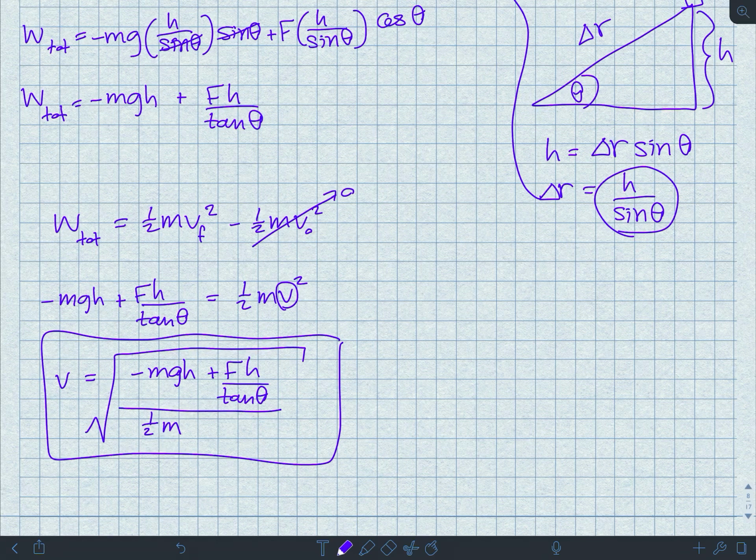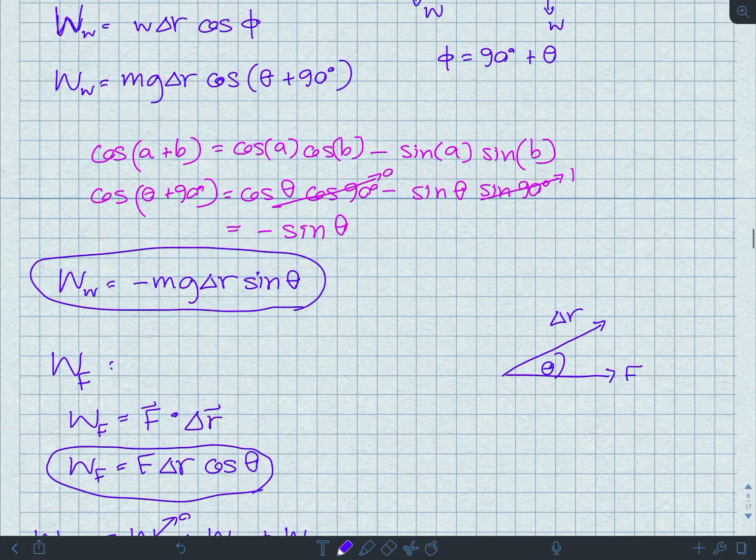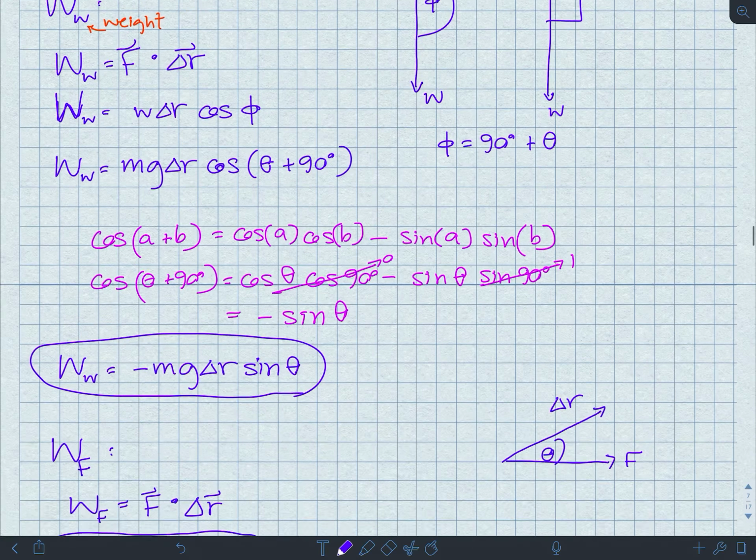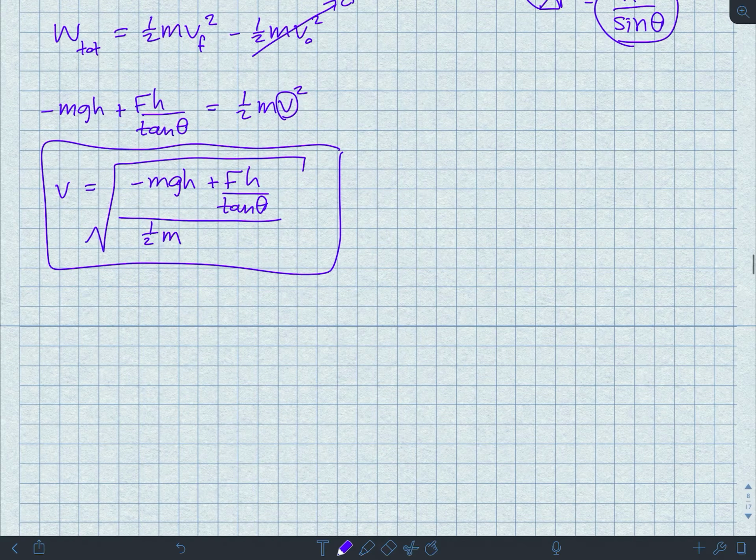Let's look at part B. Part B says, now you have Doug, and Doug has his numbers with him. So we're going to use these values: a 25 newton force for the force F, a 5 kilogram crate, 2 meters high, 20-degree slope. Let's write all this down.